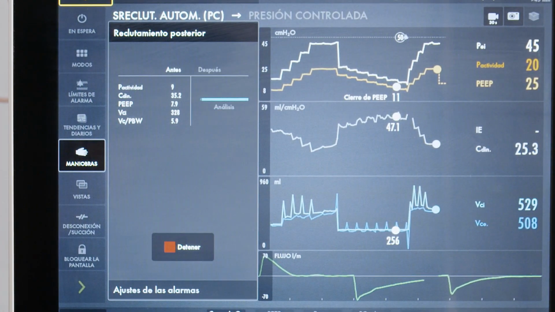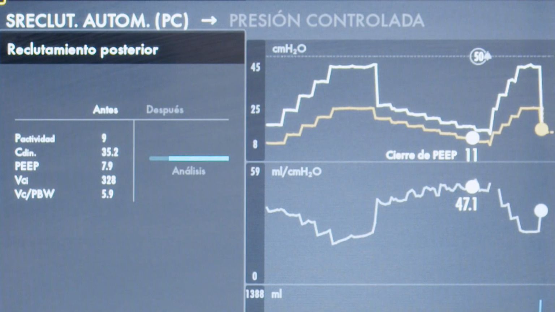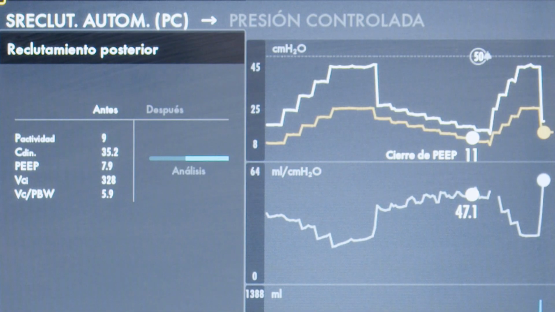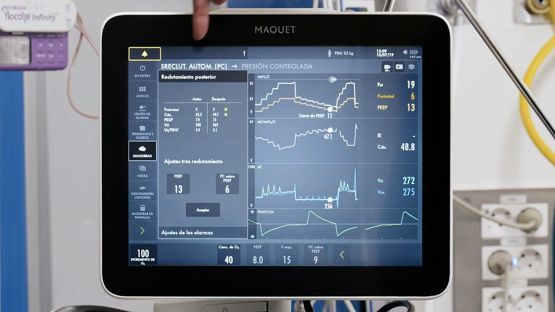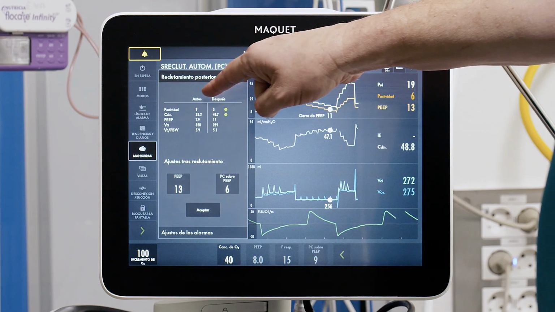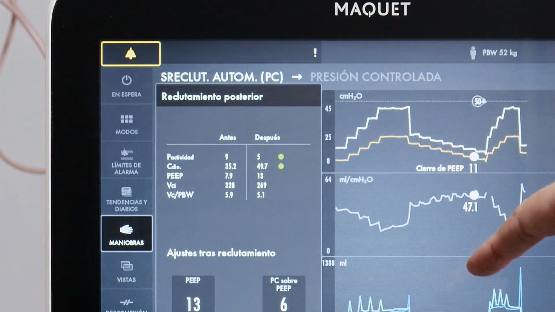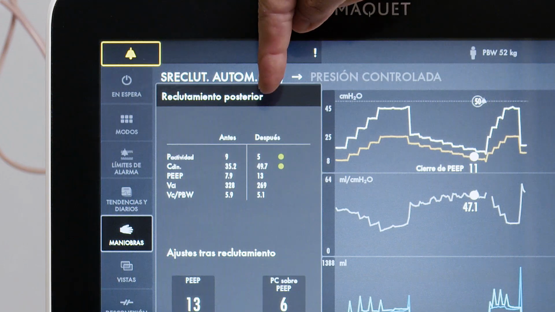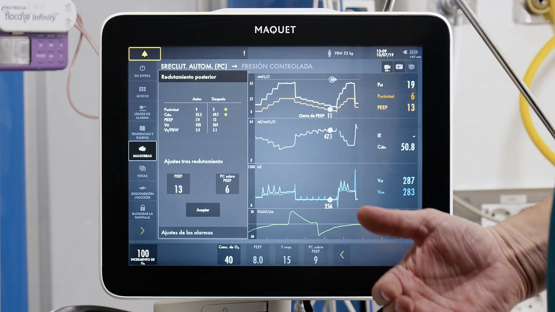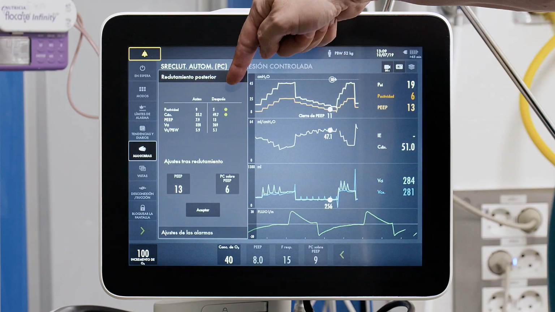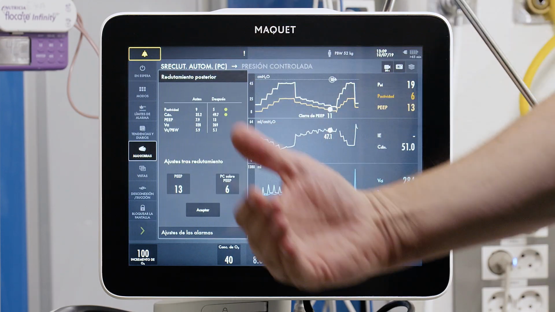So after identifying the point of maximum compliance, the closing pressure of the lung, the system shows us a comparison of the situation before and after recruitment. We have the driving pressure on top, so we had a decrease in driving pressure of 4 centimeters of water. The compliance increased from 35 previously to 49.7 after the recruitment maneuver, so a major increase in compliance.